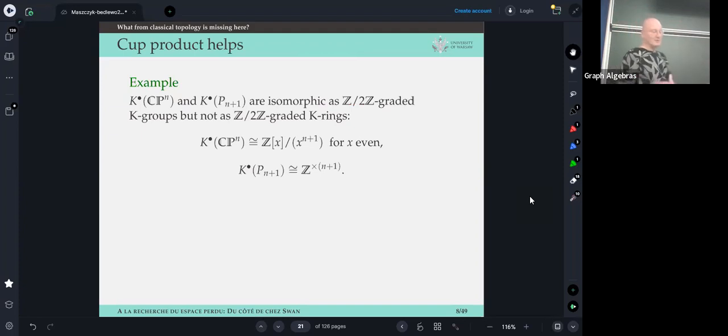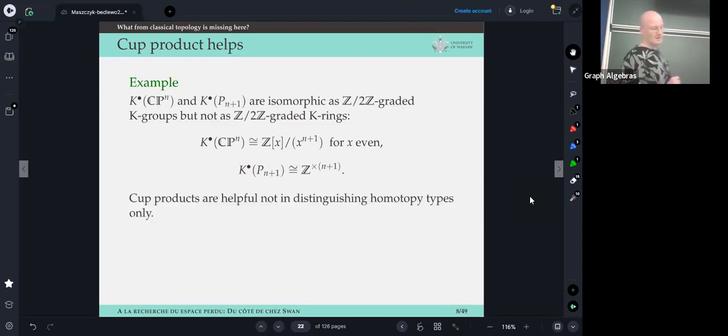Okay, and you can see two rings where one ring has lots of nilpotents, and another is a product of copies of Z. So from the algebraic point of view, they are very, very different. This multiplicative structure can be used not only to distinguish spaces. There are some problems which can be solved using this.